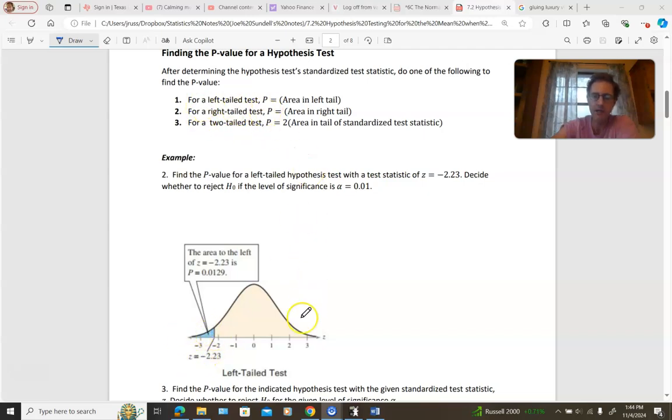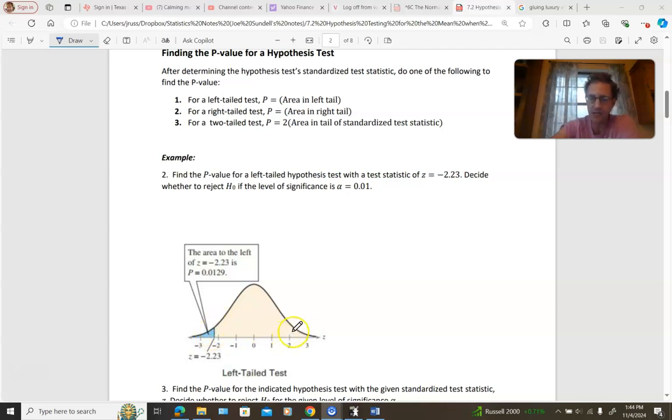If it's a right-tailed test, it's going to be the area to the right of that test statistic. Now, sometimes you'll be performing a right-tailed test, guys, and the actual statistic from your sample can still end up being on the left, in the left tail.